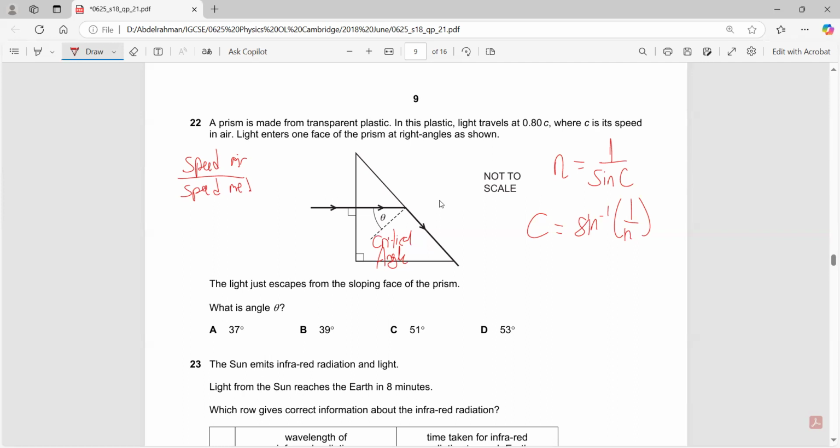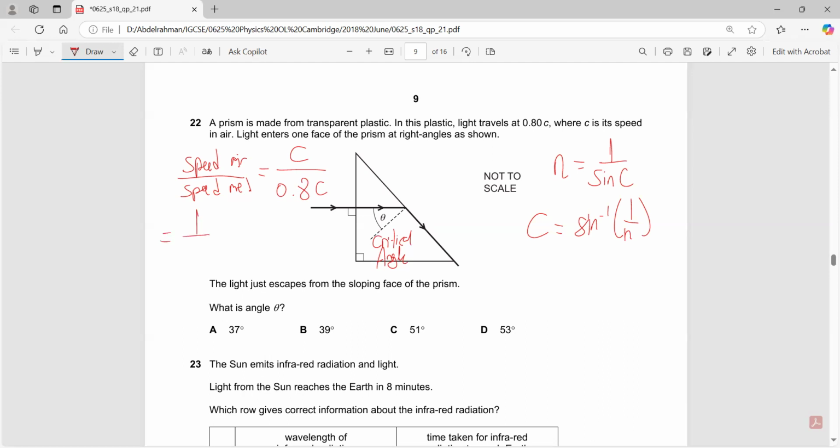No. But we have that he said it's 0.8 c. You can calculate it: 0.8 times 3 times 10 to the power of 8 will give you the number. Actually, we can do it another way, which is c over 0.8 c. c is the speed of light in air, over 0.8 c, which is the speed of light in the medium.